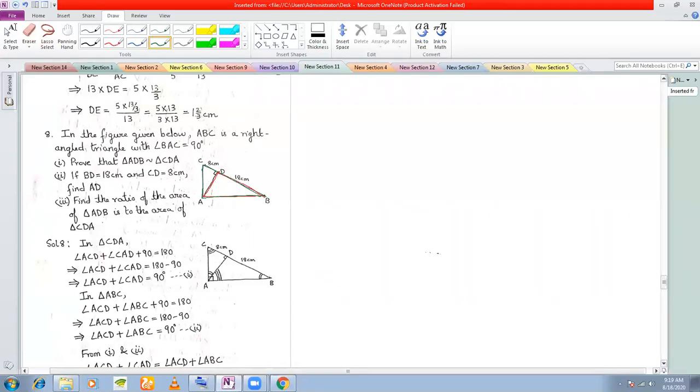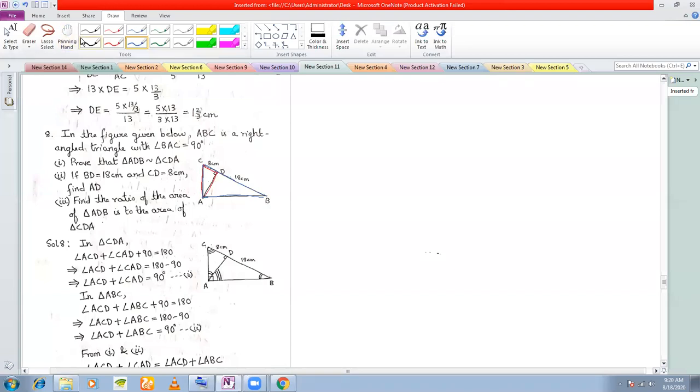Because it is a type 3 figure. Or what we have also done in type 3 is that we have proved this small triangle to be similar to this blue triangle, a big triangle, right? This is what we have done.